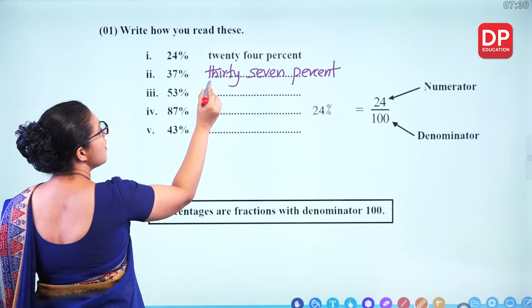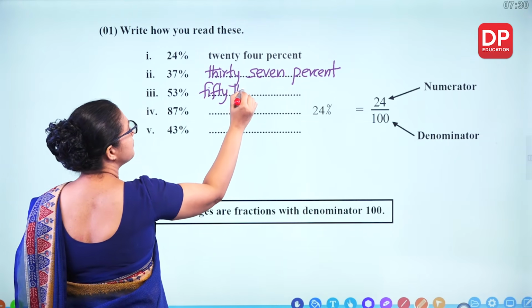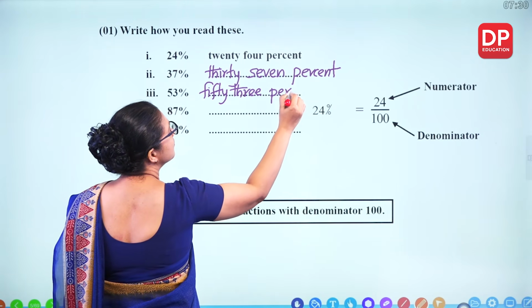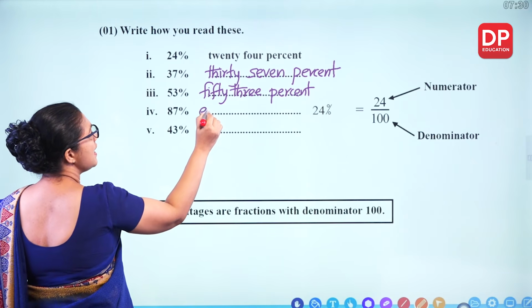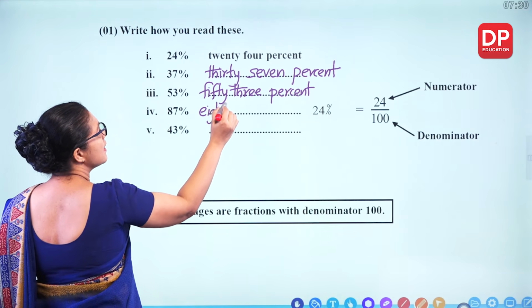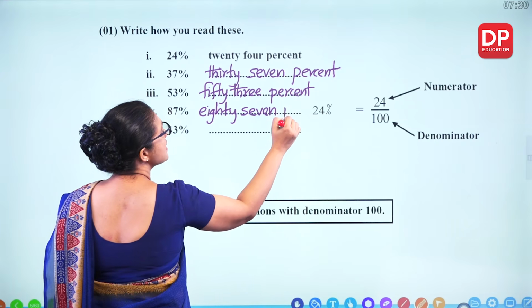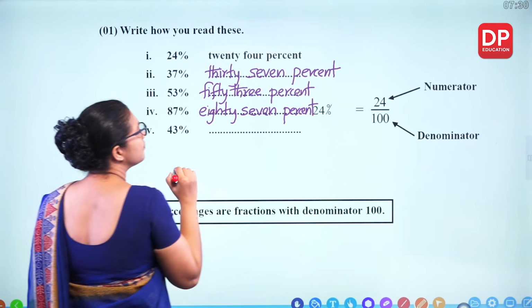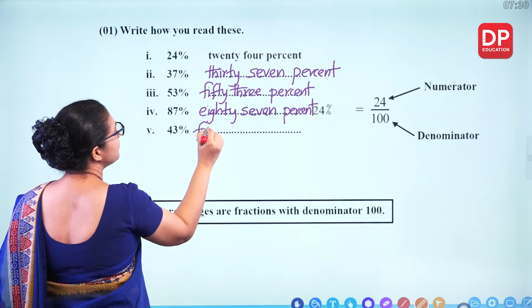This one, 53%. This one, 87%. This one, 43%.